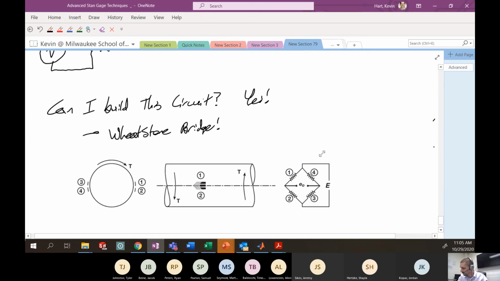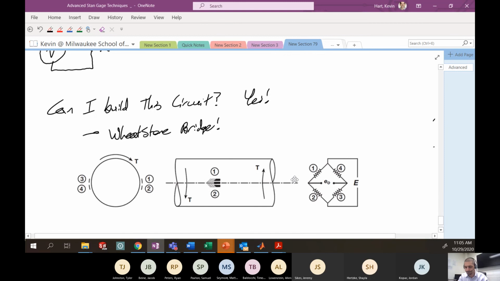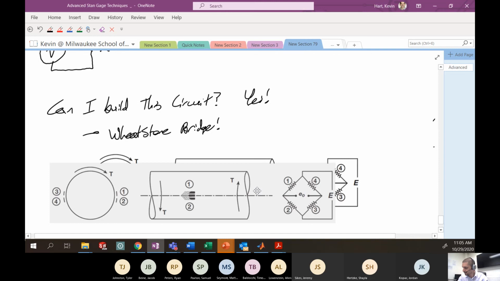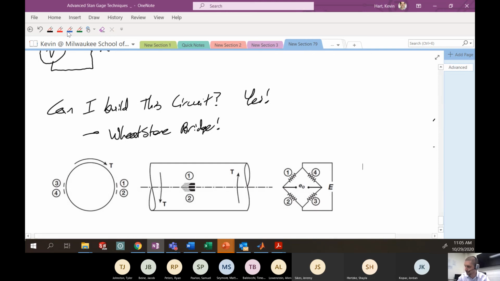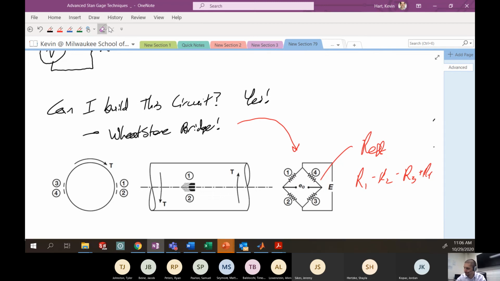This is your full wiring schematic. Okay, here is your Wheatstone Bridge. This is a circuit that would have an effective resistance like R1 minus R2 minus R3 plus R4. It's specifically designed in that particular way.